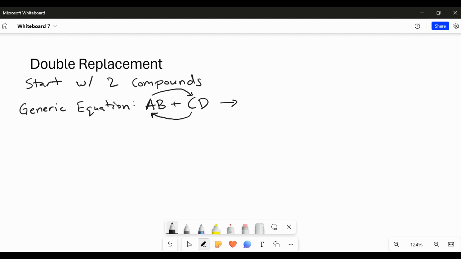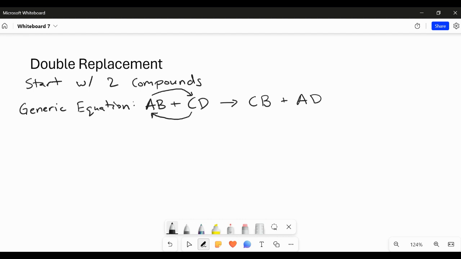So as a result, you end up with compound CB plus compound AD. Element C is swapping into A's spot, so it becomes CB. And element A is swapping into C's spot, forming AD.